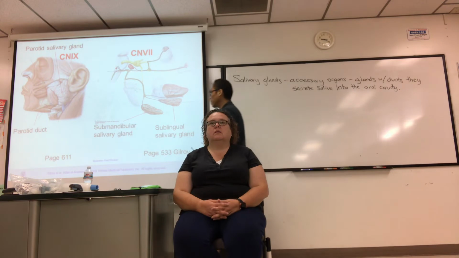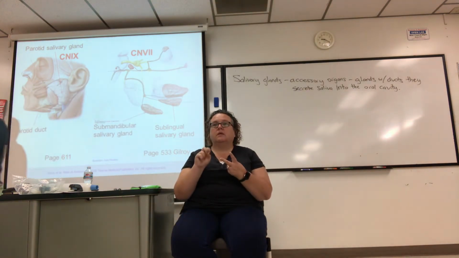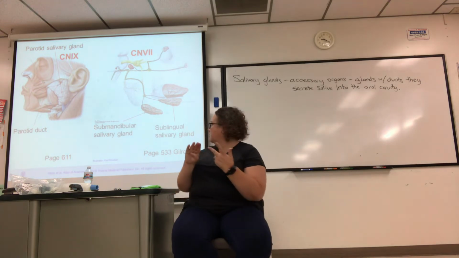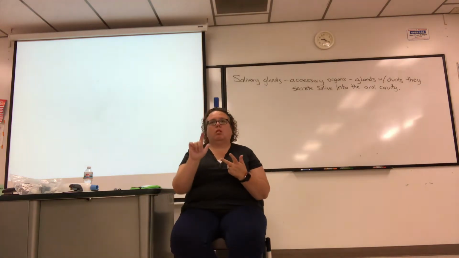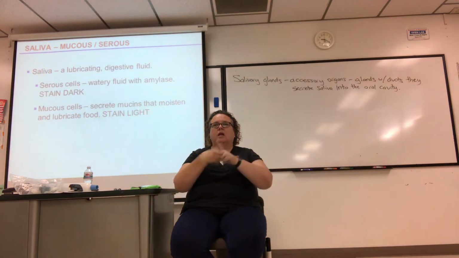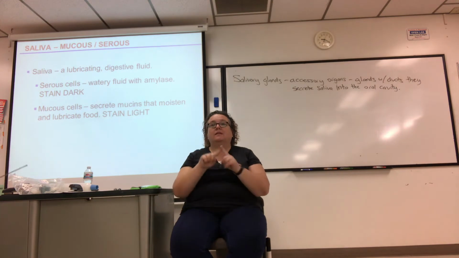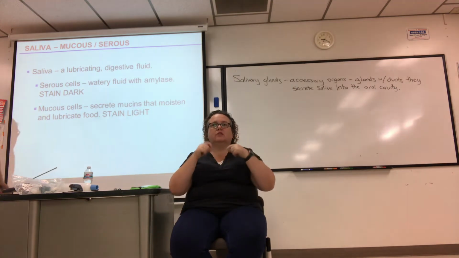And you have the parotid, the submandibular, and the sublingual salivary glands. Saliva is composed of two types, serous and mucus. And three different glands secrete various kinds of mucus or serous saliva.